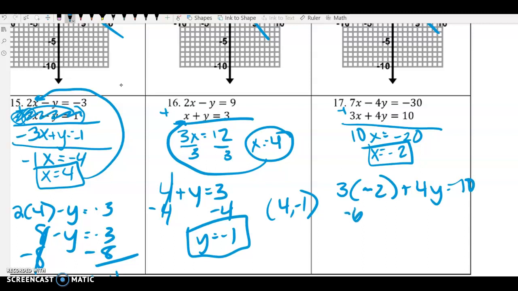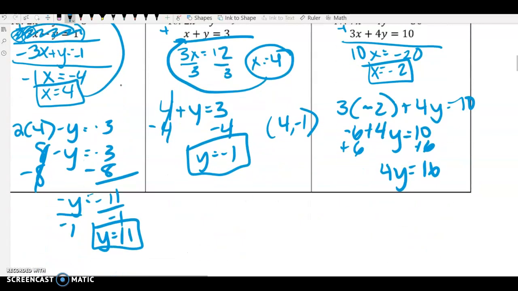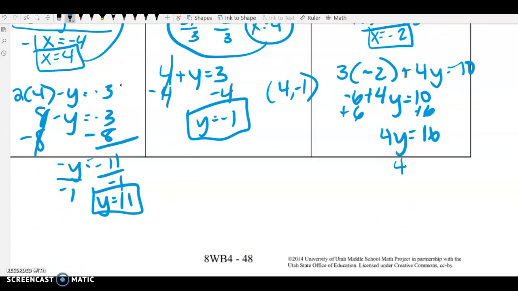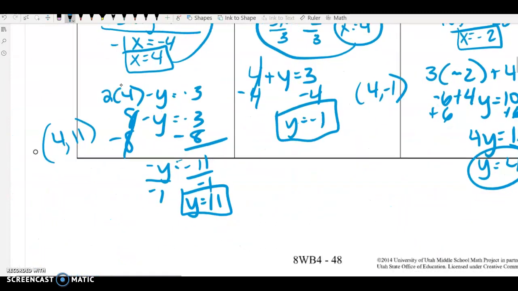I'll get negative 6 plus 4y equals 10. I'm going to add 6 to both sides, and I get 4y equals 16. Divide both sides by 4, so I get y is 4. So my ordered pair is negative 2, 4.